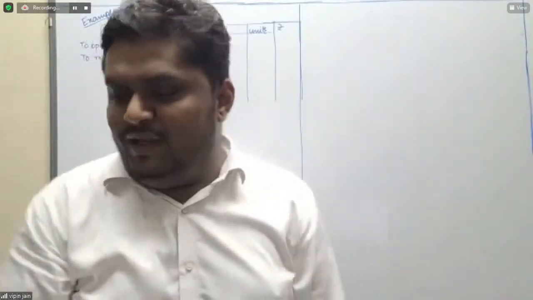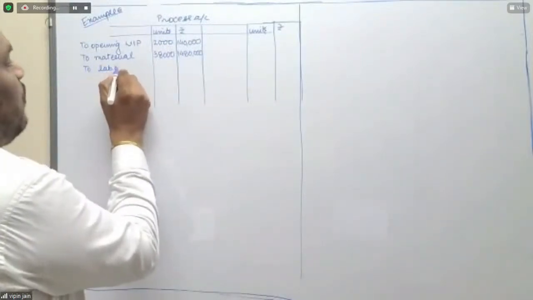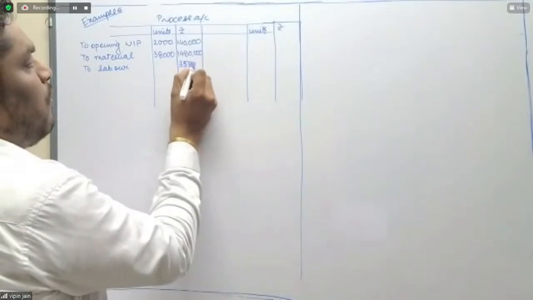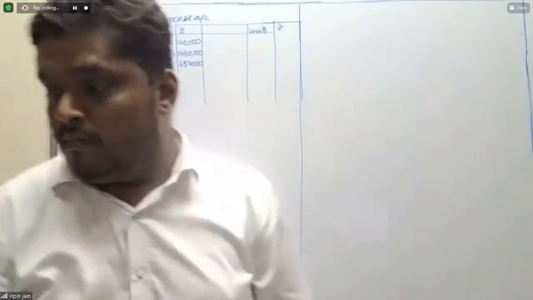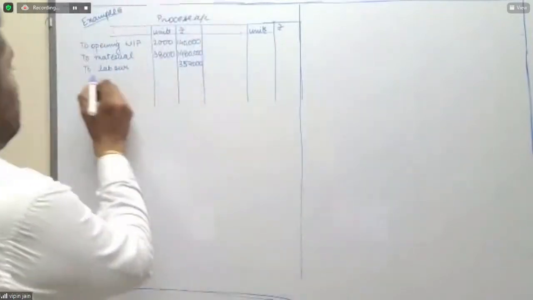Labor is 3,59,000. Overheads are 10,77,000.